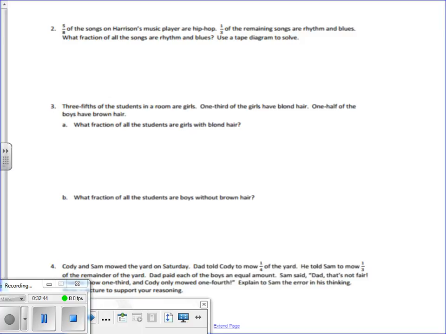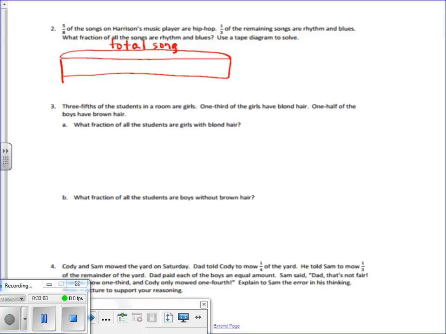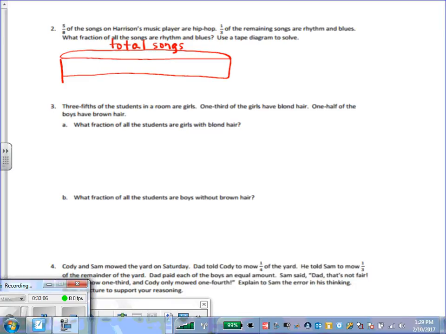So we have a tape diagram. On here we have his player and we have his total songs. Okay, so on his player we have the total number of songs.